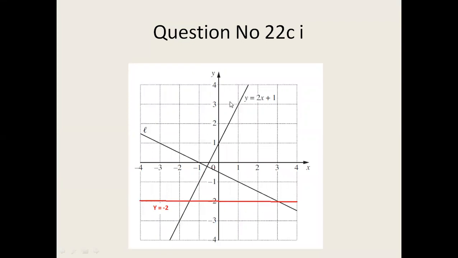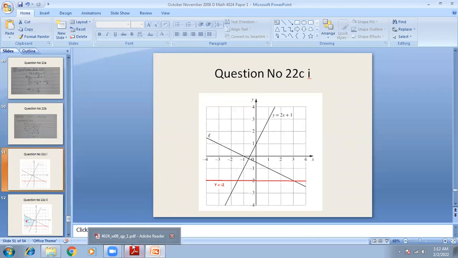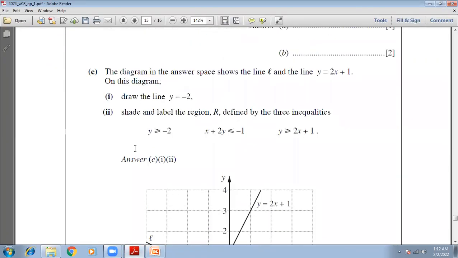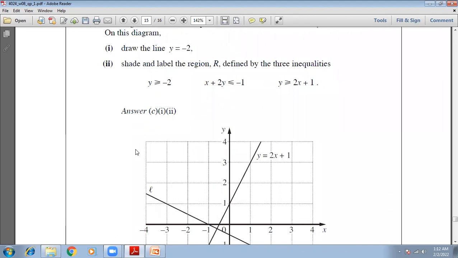This is the line L, and this is the line we know, y equals to 2x plus 1. Then it says shade and label the region R defined by the three inequalities. So these three lines I have already drawn.